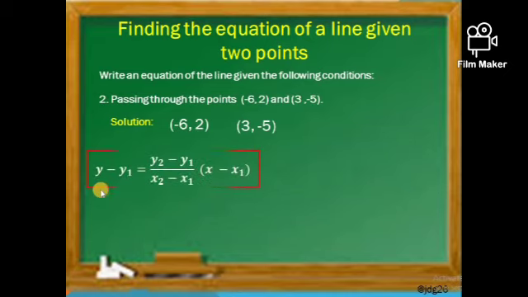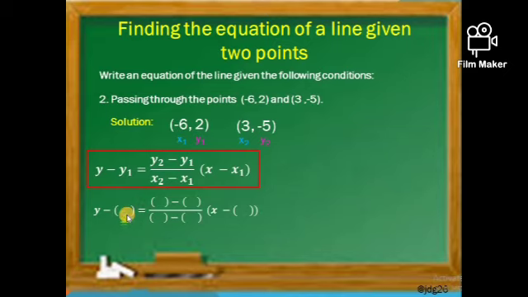Again, we are going to use the 2-point form which is y minus y sub 1 equals y sub 2 minus y sub 1 over x sub 2 minus x sub 1 times x minus x sub 1. Again, dun sa first point, nandun sa x sub 1 and y sub 1. Sa second point, nandun sa x sub 2 and y sub 2. So, magpalit ulit tayo ng mga given.